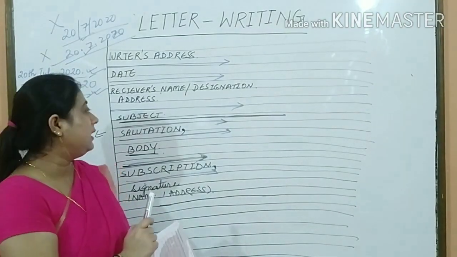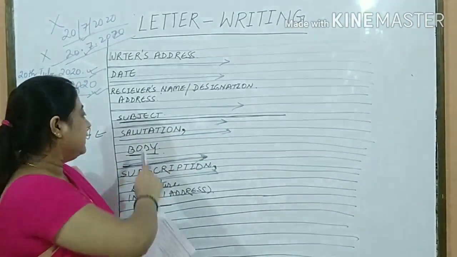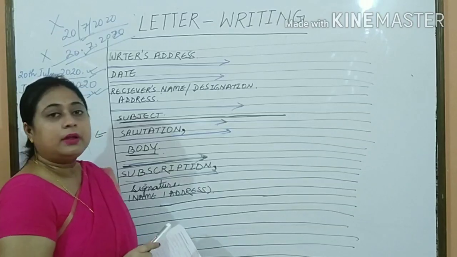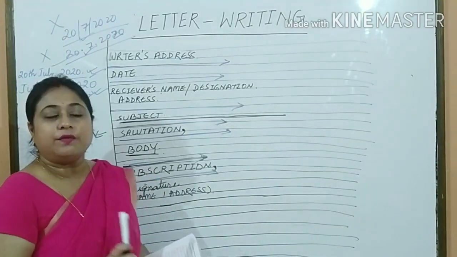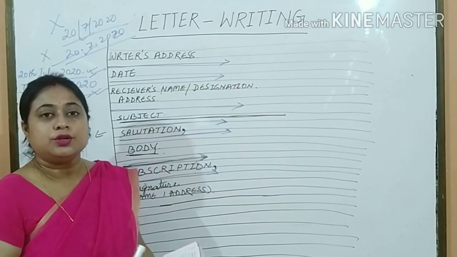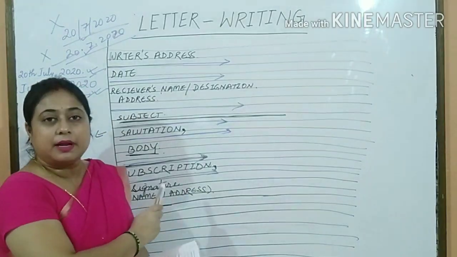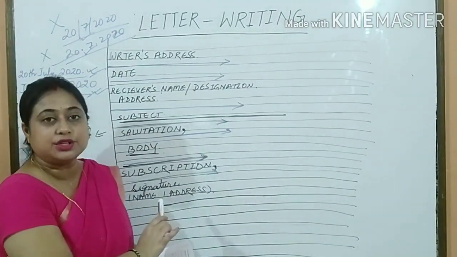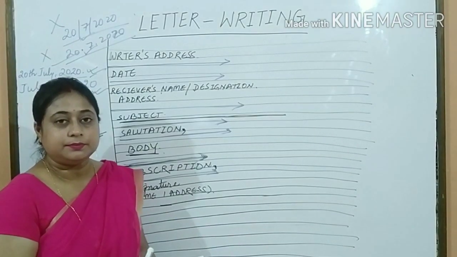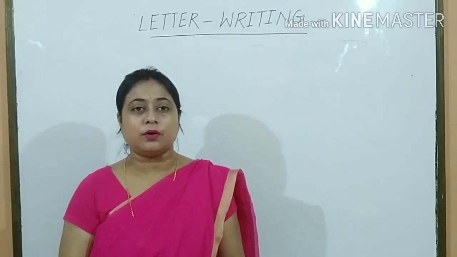Again you will be leaving a blank line, then the subject, after the subject again a blank line, then a salutation followed by a comma, after that again a blank line, after that the body of the letter which should be written in 3 paragraphs for better clarity, and the subject matter should be explained properly in that, and then the subscription, followed by a blank line, and after that your full signature, and below it you can mention your name and address.